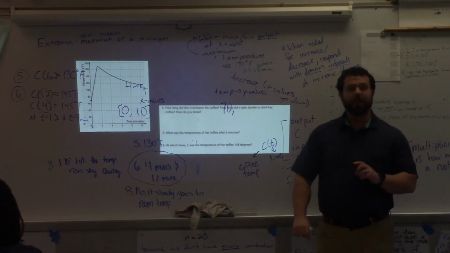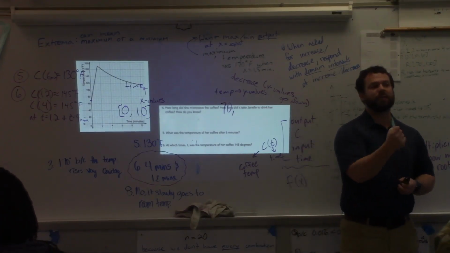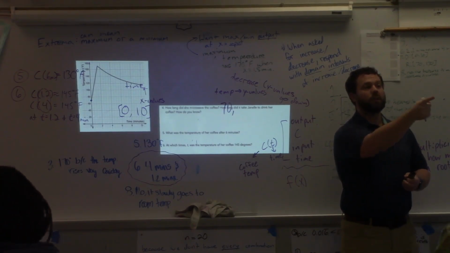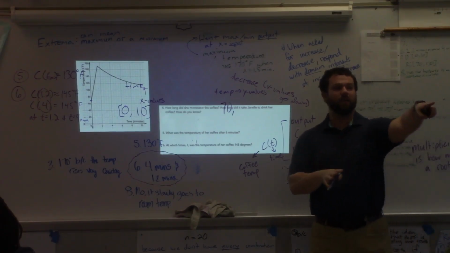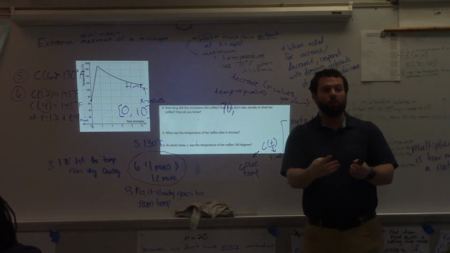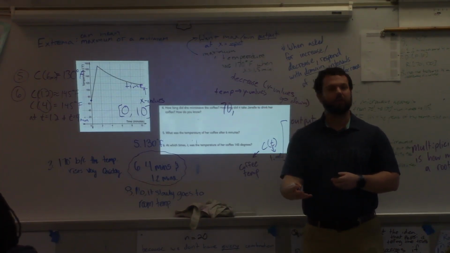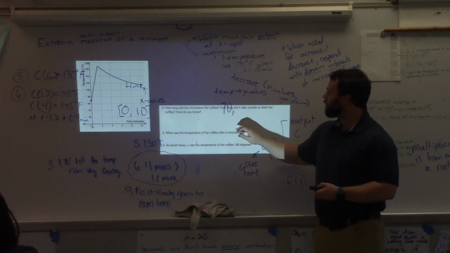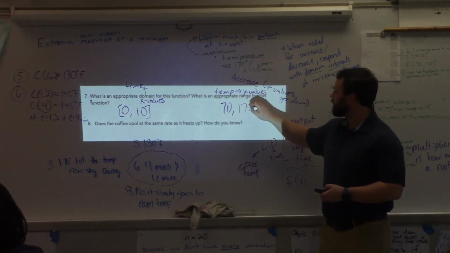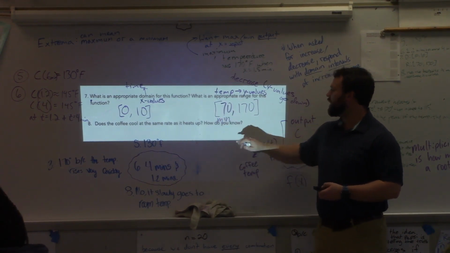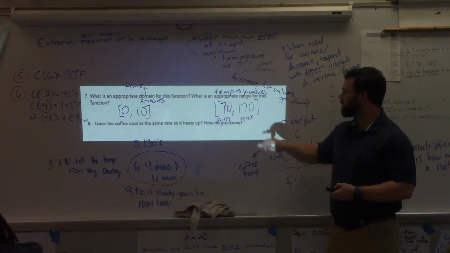I will say this, and be careful, it's not just that it starts at 70. 70 is the what? There's a key word I'm looking for. It's not the y-intercept, it is the minimum. Because I could have a lower y value than 70, but do we have a lower y value than 70? No. So remember, when we do our interval notation, what always goes first? The minimum, then the maximum.